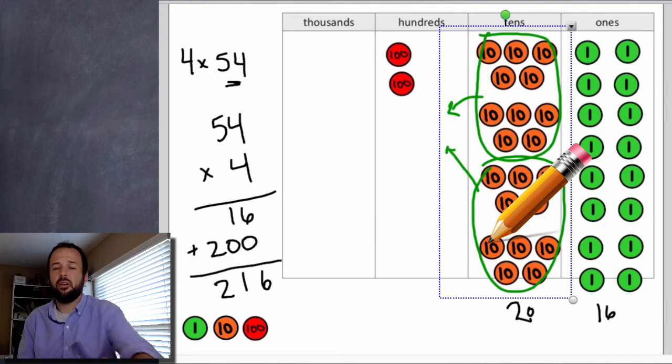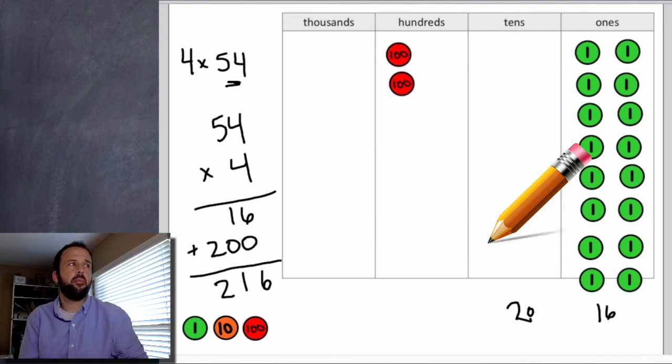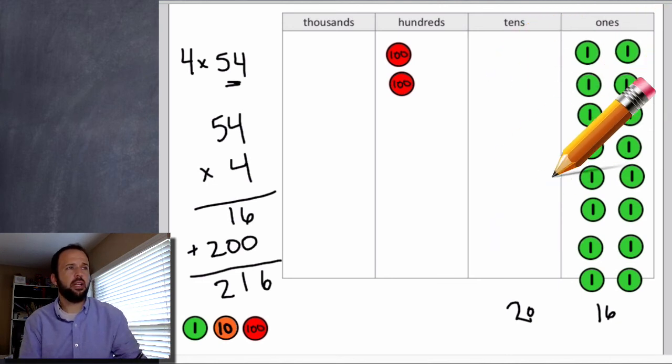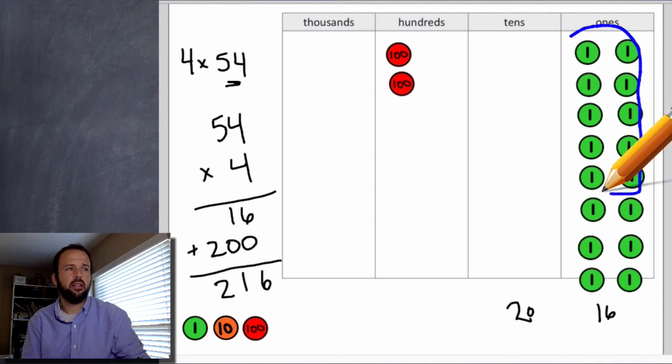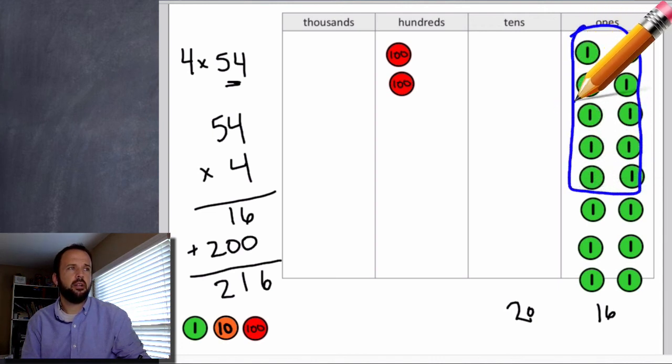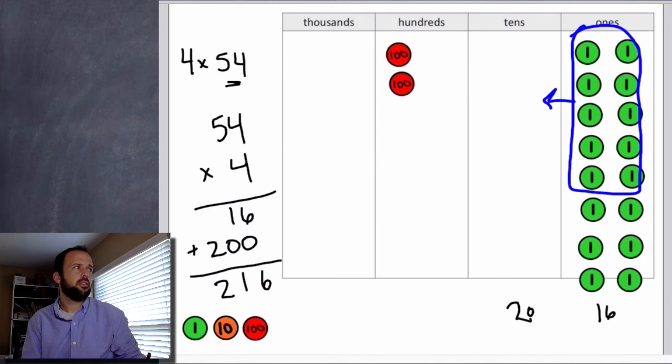Alright, so now essentially I don't have these guys anymore, so I'll get rid of them. I just have the 200s, right? Easy enough. Let's take a look now at our ones. So the same thing, if I group them into groups of 10, I can move them over to my tens. So let's see, 2, 4, 6, 8, 10. I'll take this group right here, move them over to my tens.